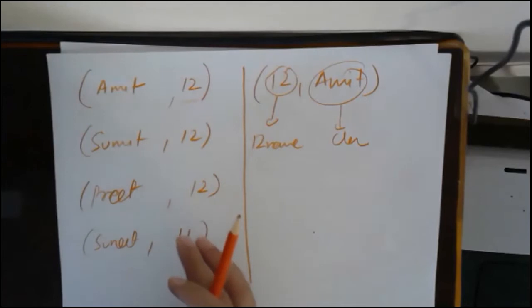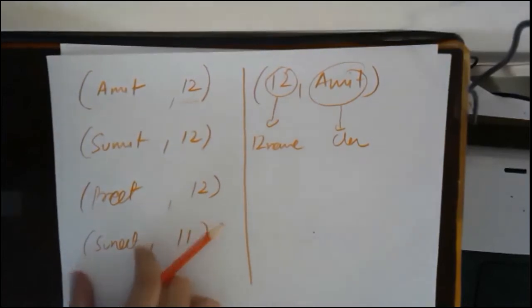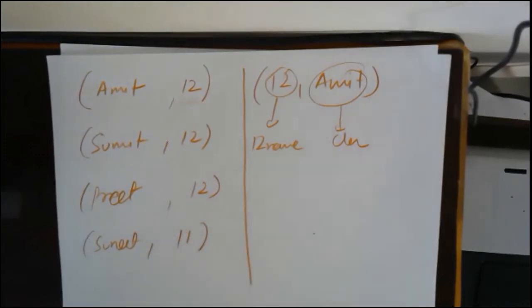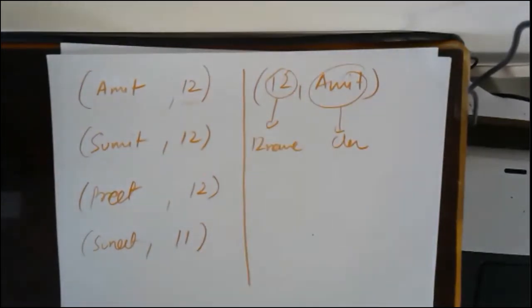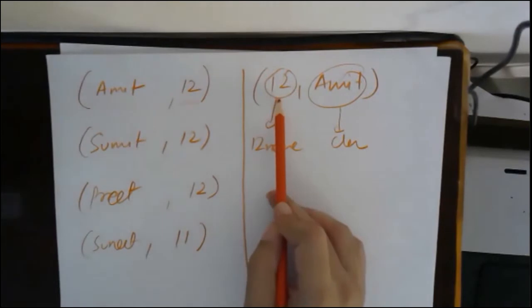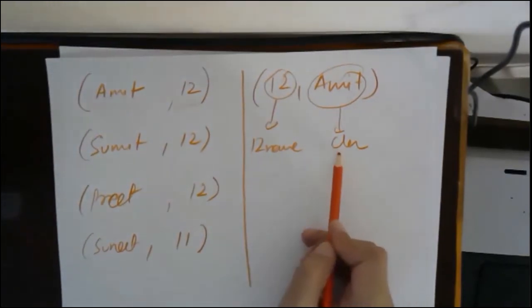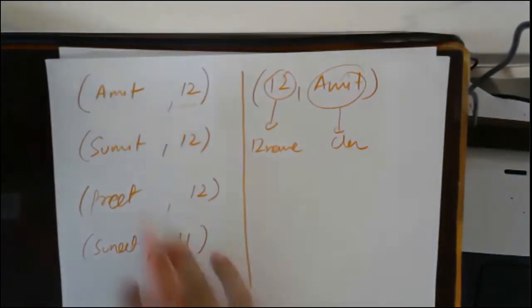If somebody has by mistake written this, then I will read that 12 is the name of the person, and 12 is from Amit class. Everybody understood what I'm trying to say?